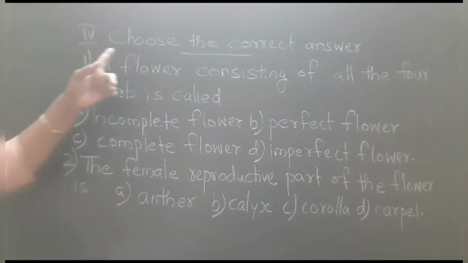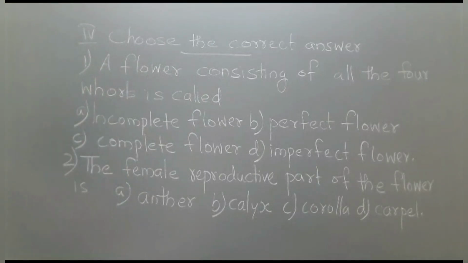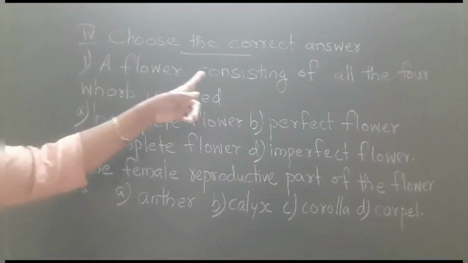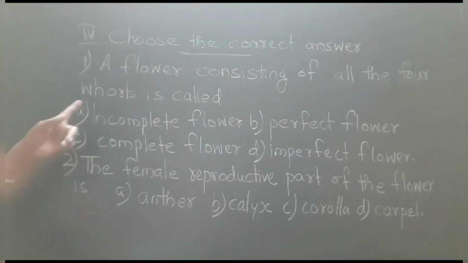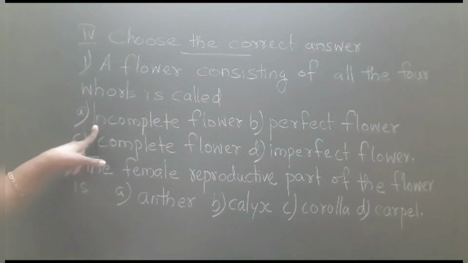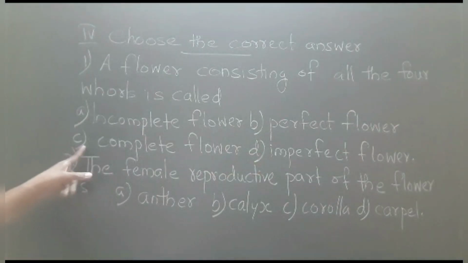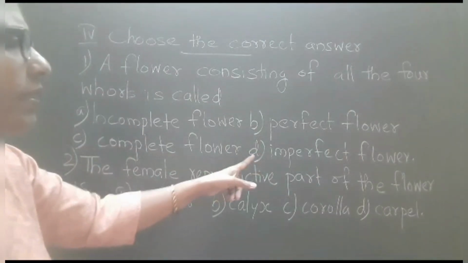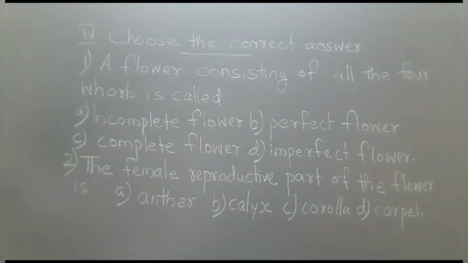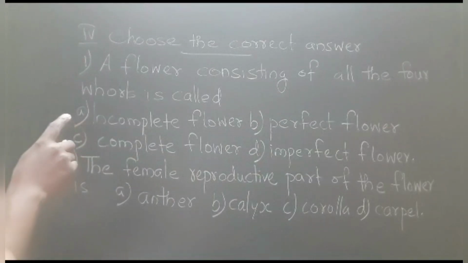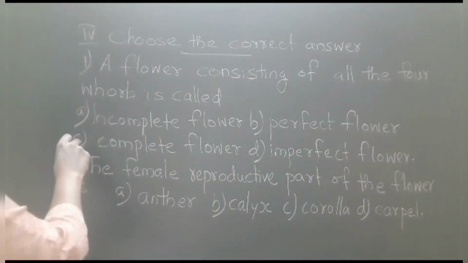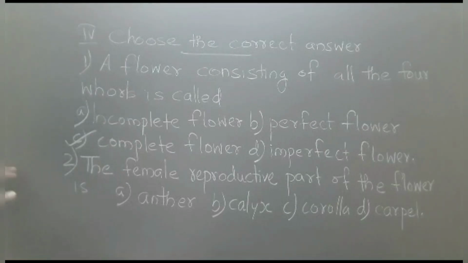Next is, choose the correct answer. First one is, a flower consisting of all the 4 whorls is called A, incomplete flower, B, perfect flower, C, complete flower, D, imperfect flower. Flower which has all 4 whorls are called complete flower.